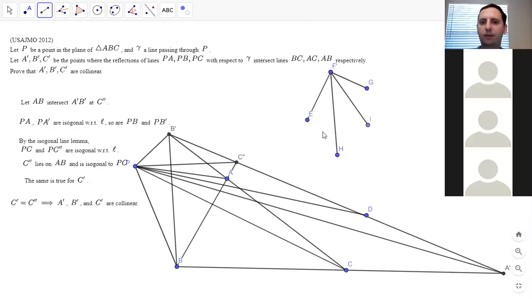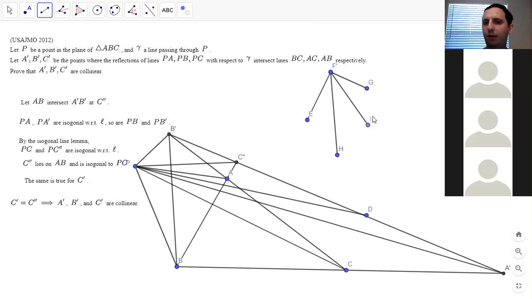Oh, a different one from BGO. Okay. So these lines are isogonal, right? FH and FI. So here's the isogonal line lemma I was thinking about.